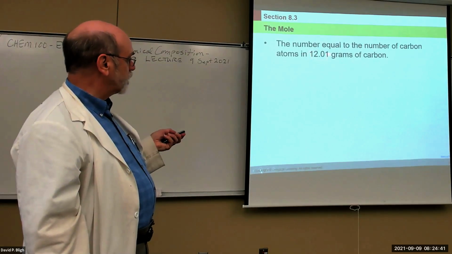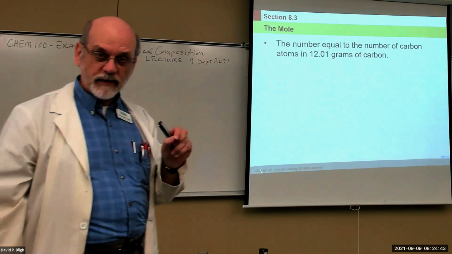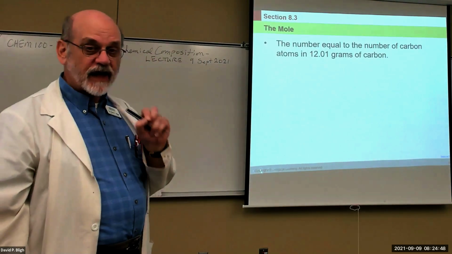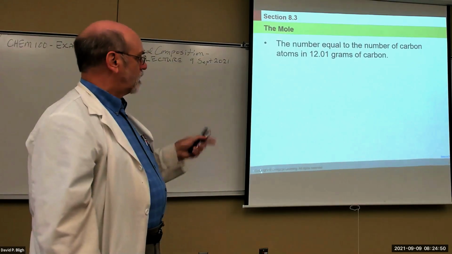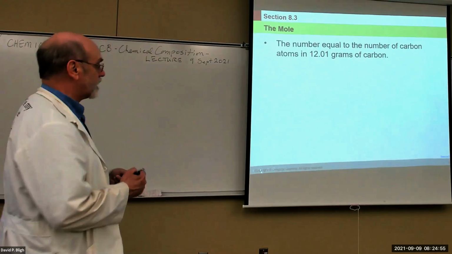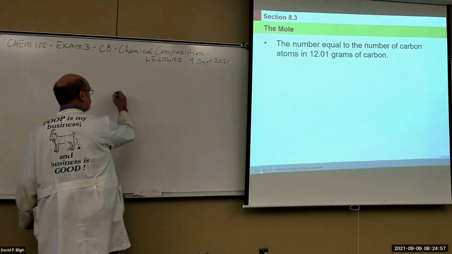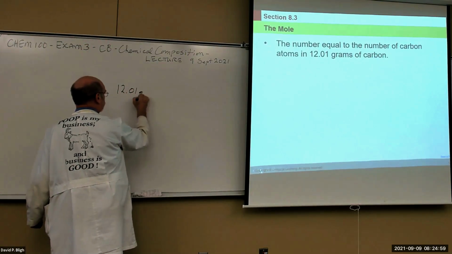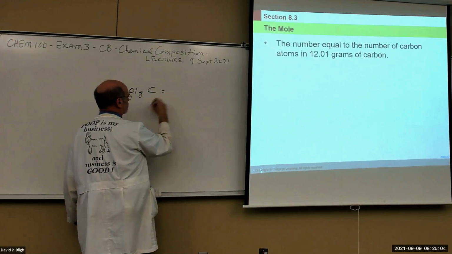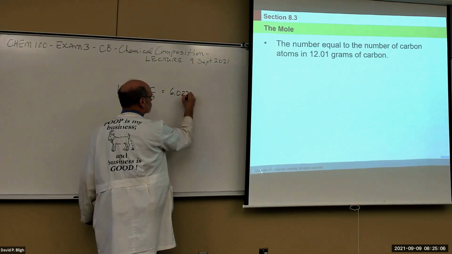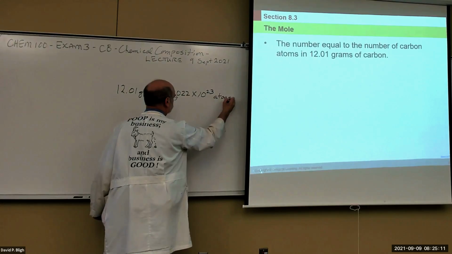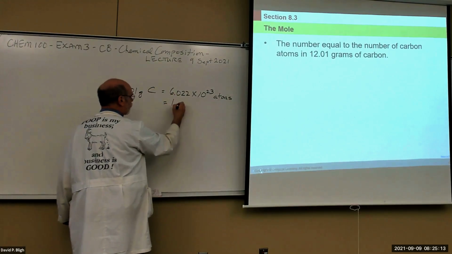If you have 12.01 grams of carbon, naturally occurring carbon, pure carbon, then it will contain 1 mole of carbon atoms. And there's a number associated with that. 12.01 grams of carbon is equal to 6.022 times 10 to the 23rd atoms, which is equal to 1 mole.